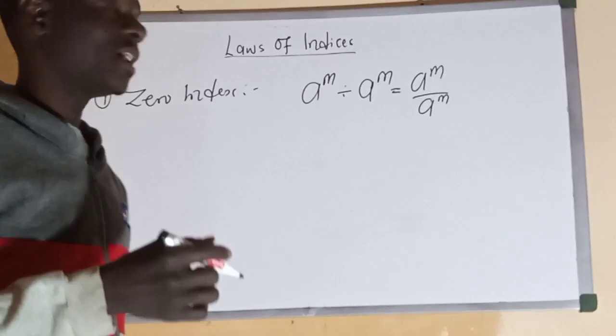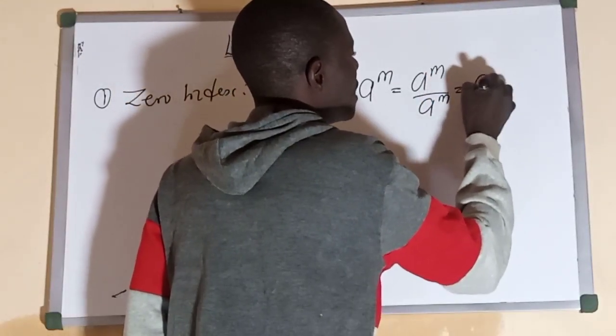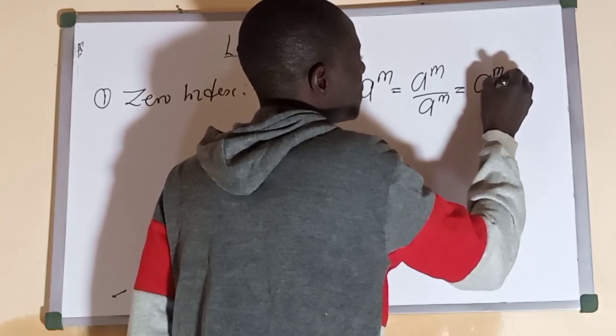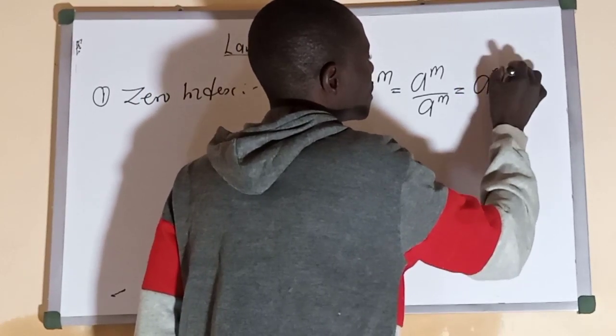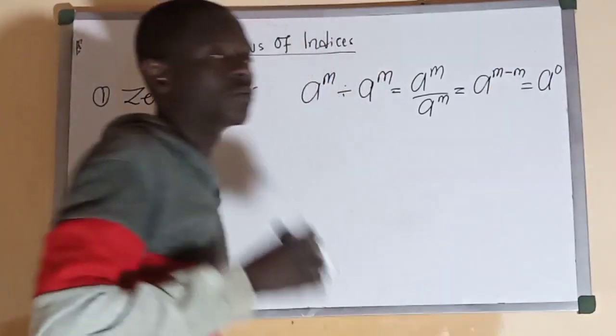If you apply the division law, it is the same as a raised to the power of m minus m, which is equal to a raised to the power of 0.